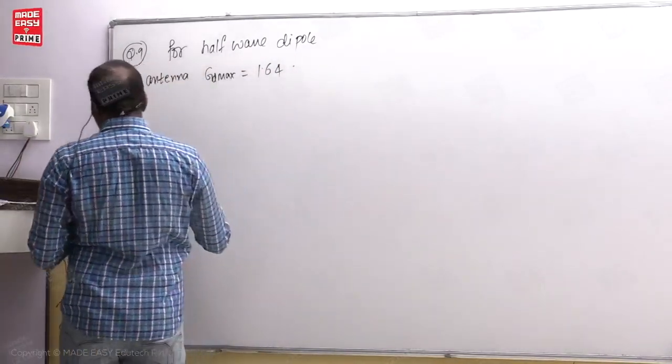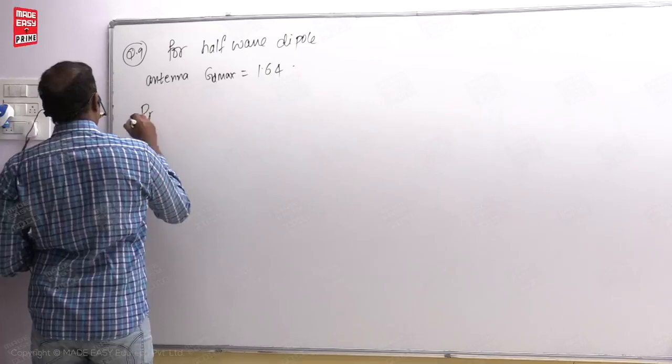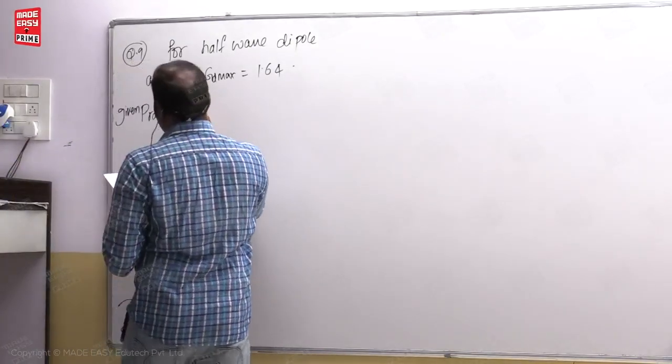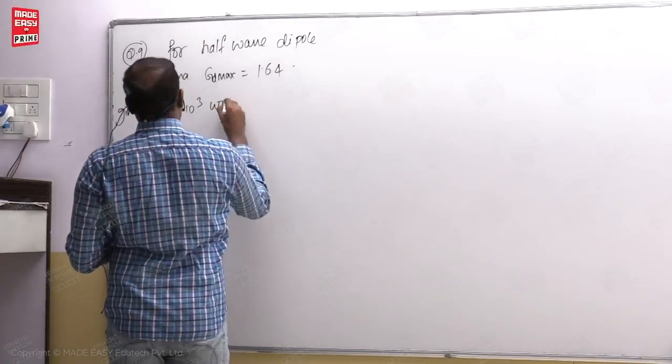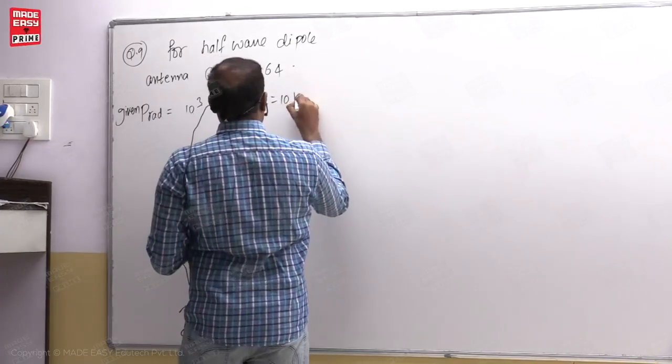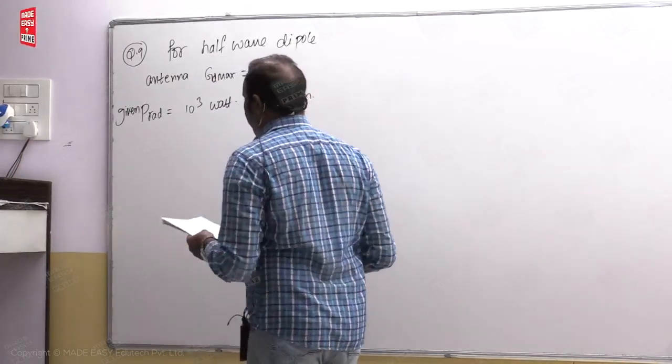Then it is given in the question that power radiated is equal to 10 cube watt, right? D is equal to 10 kilometer is given.